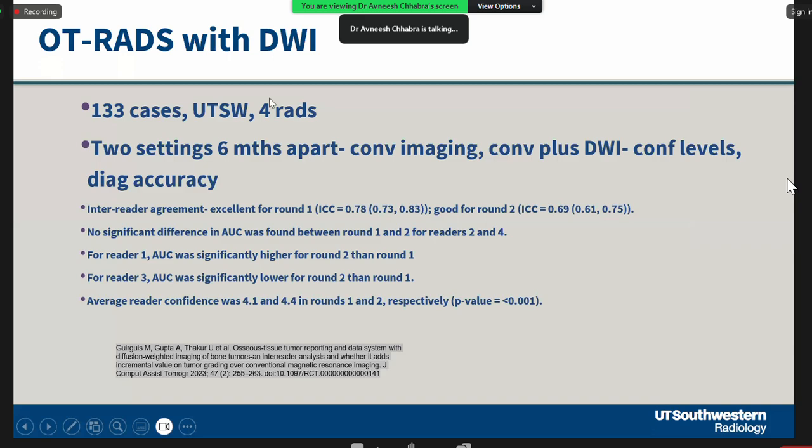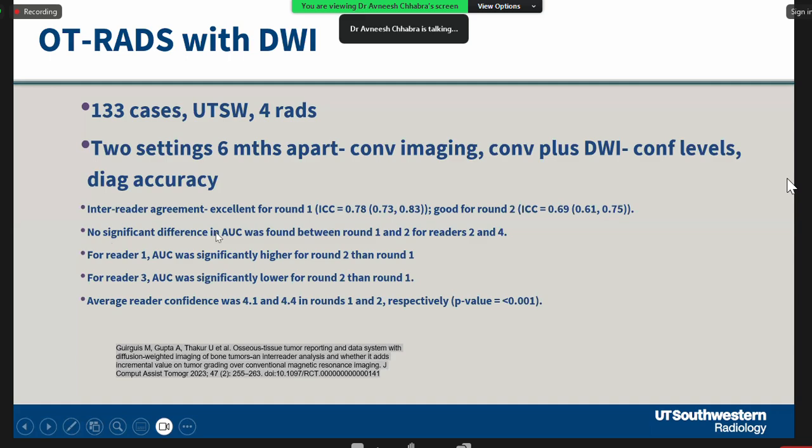So we took the same cases, and 6 months after this study was published, we said, okay, look at conventional imaging, which we had already data. Now just look at conventional plus DWI, give us the confidence level, how confident you are benign versus malignant, and then we looked at their diagnostic accuracy. So for round 1, conventional imaging, you saw the ICCs. For round 2, it actually went down a little bit when you gave them DWI, so they're a little bit confused.